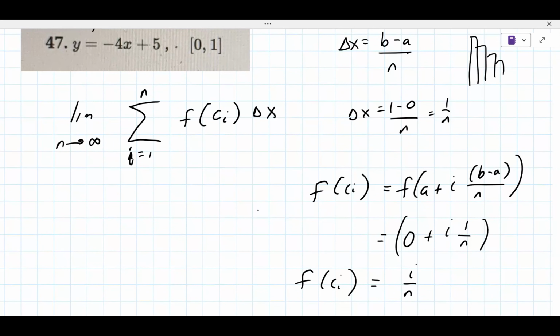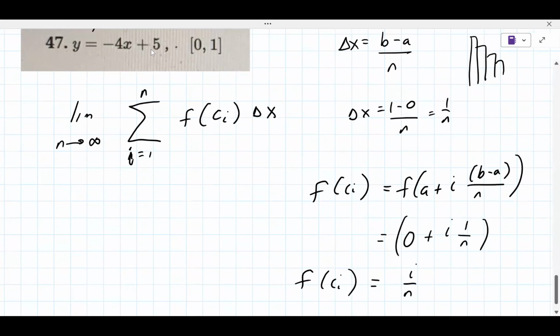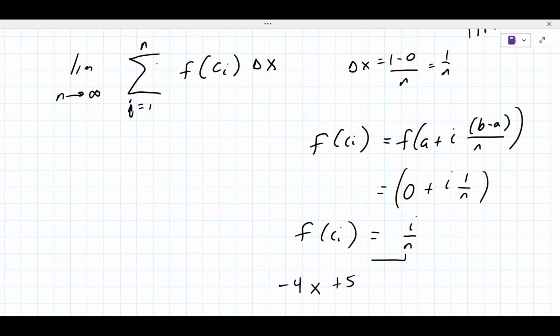So you put this i over n into the minus 4x plus 5. So it's minus 4i over n plus 5.